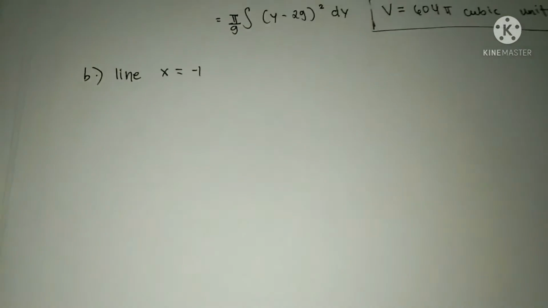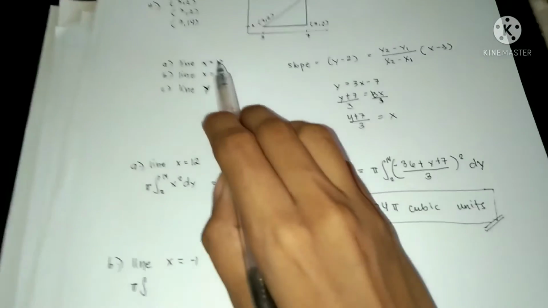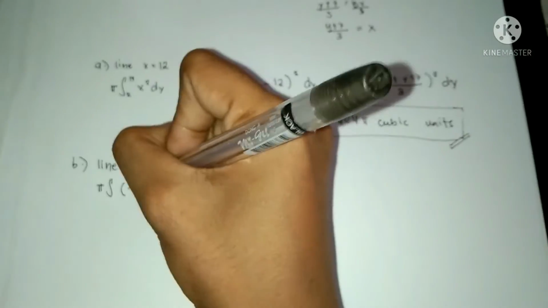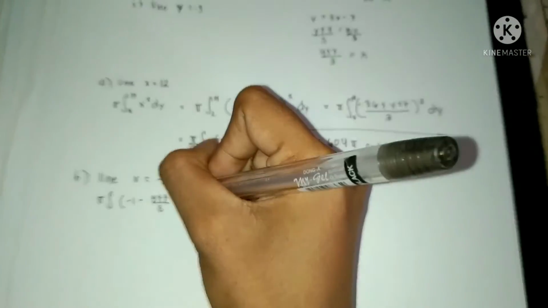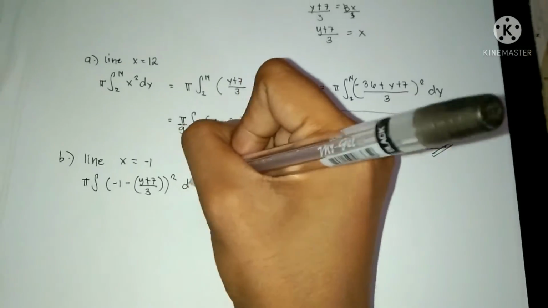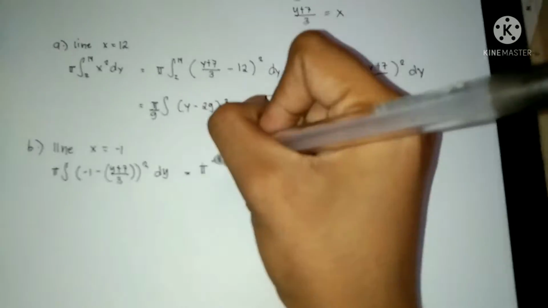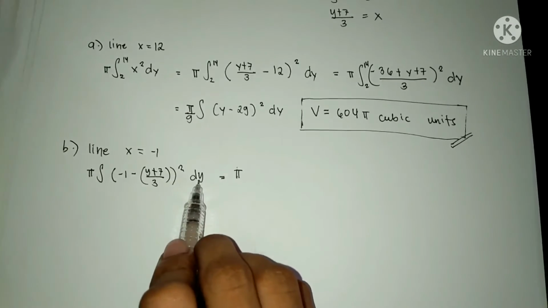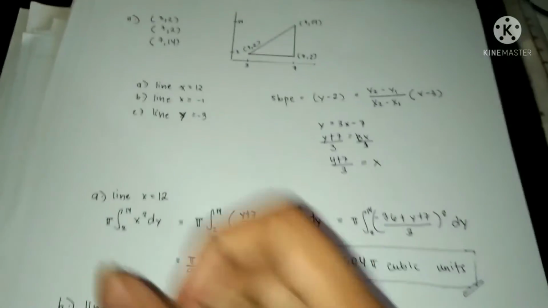So next, let's take the line x is equal to negative 1. So it is equal to pi, the integral of negative 1 minus x, which is y plus 7 over 3, squared dy, from 2 to 14.